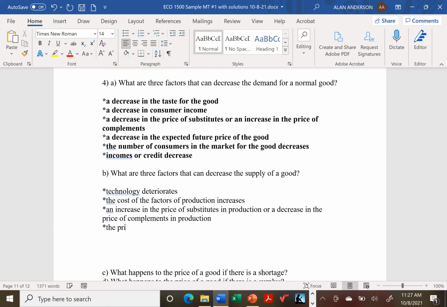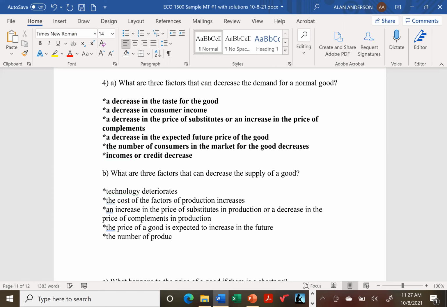The price of a good is expected to increase in the future. The number of producers of the good decreases.